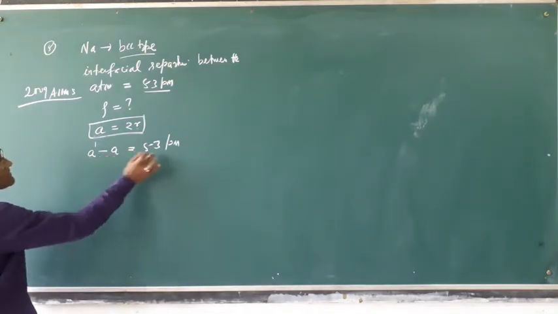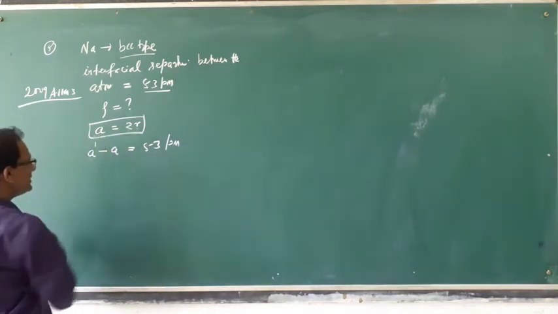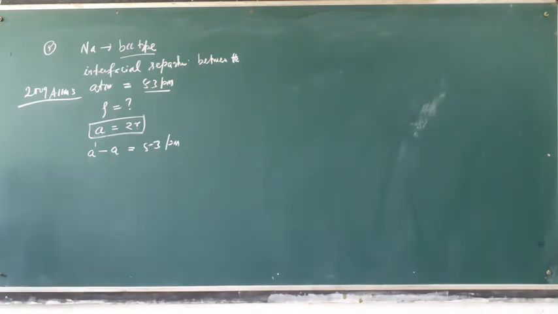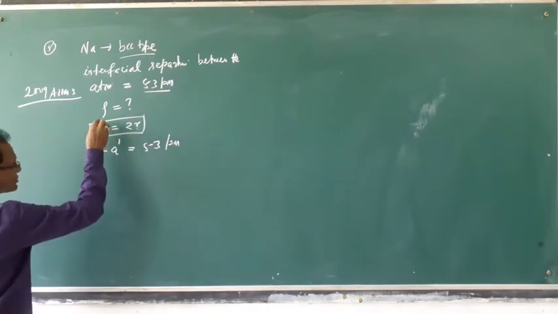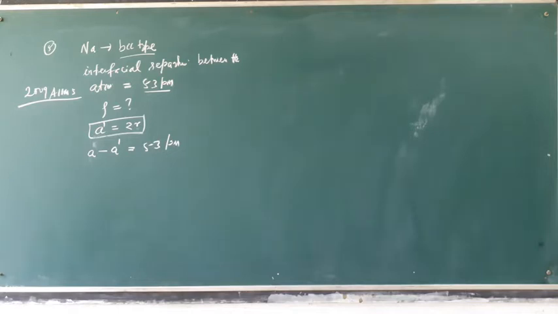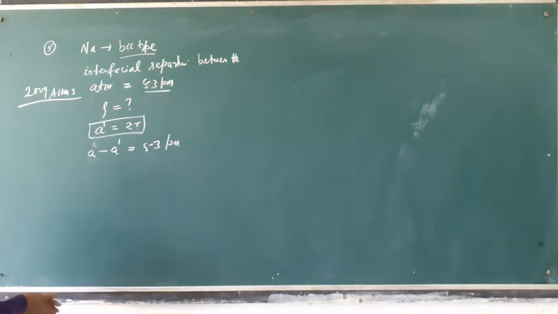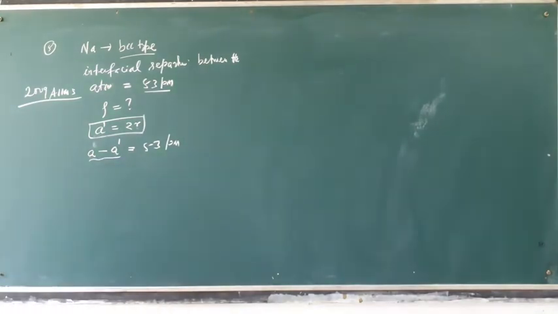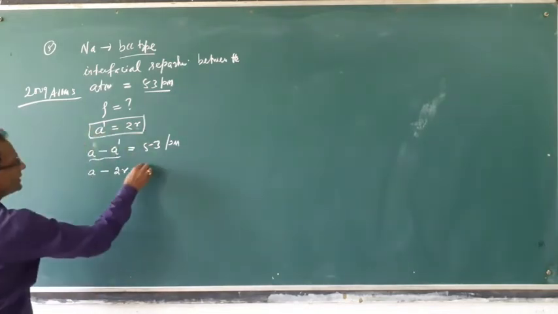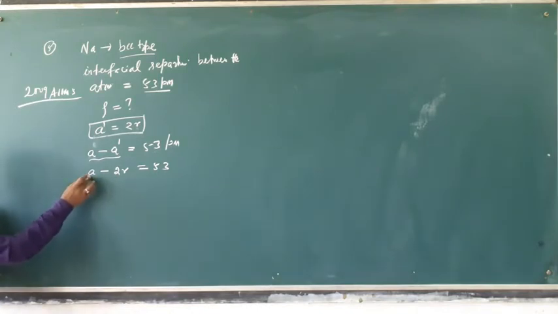The separation is given as 53 pm. So A minus A', where A' is 2r. 2r is the distance of closely placed spheres and A is the actual edge length.